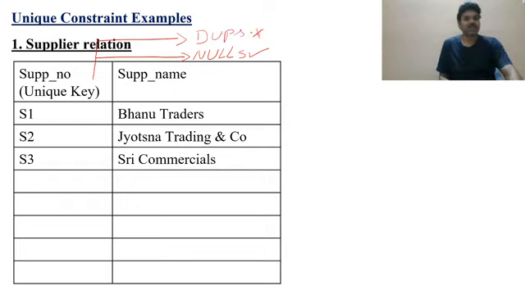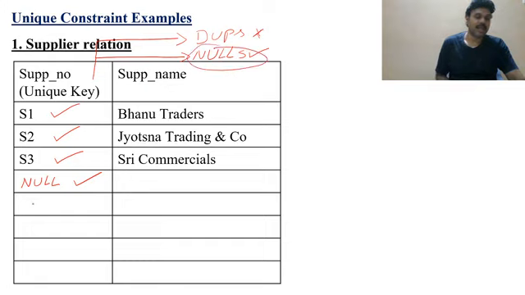Using these two rules, let us check whether the given data is valid or not. S1 is valid, S2 is valid, S3 is valid. If I am writing null here, it is also valid. Why? Because unique key allows nulls. If I am saying S1 once again, it is invalid as S1 is a duplicate. Okay friends, now you understand the difference between primary key and unique key.